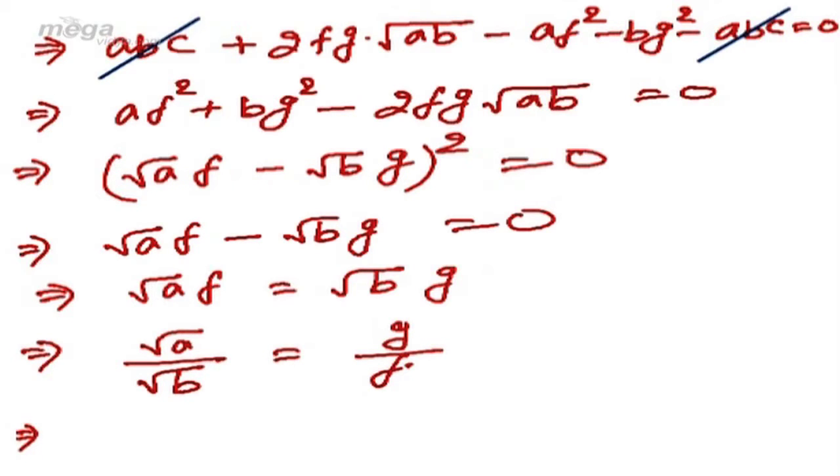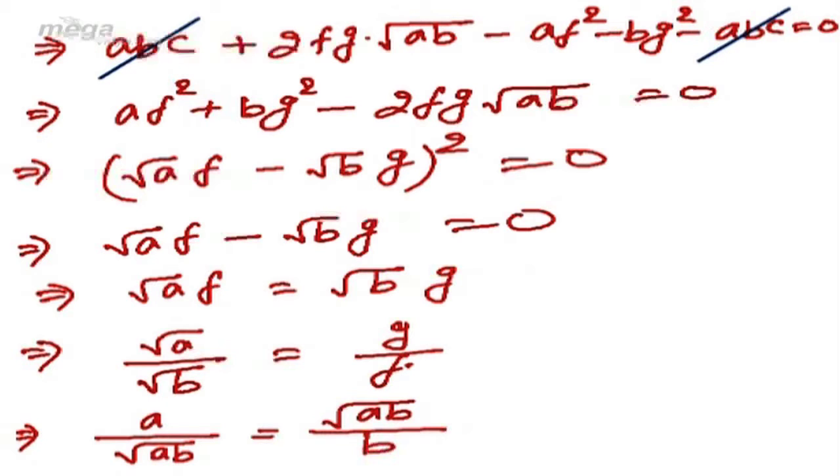Now if you multiply numerator and denominator by root a, you will get a upon root ab. And if you multiply numerator and denominator by root b, then it becomes root ab upon b, and both should be same, and which is also equal to g upon f.